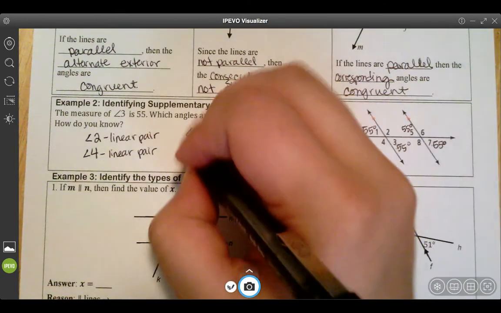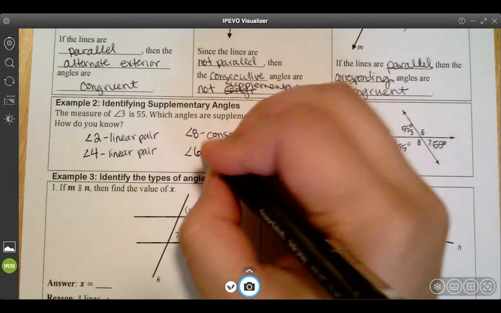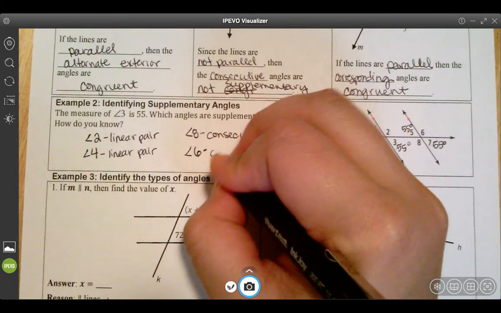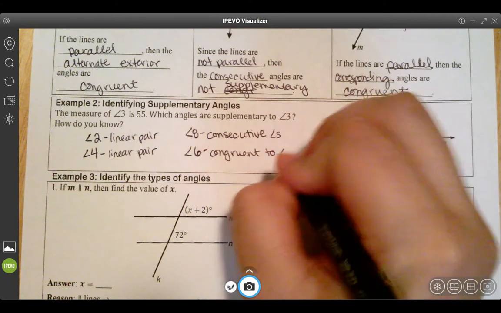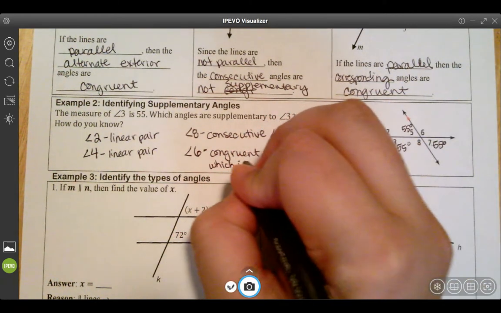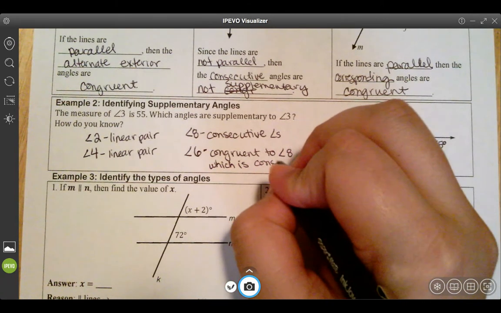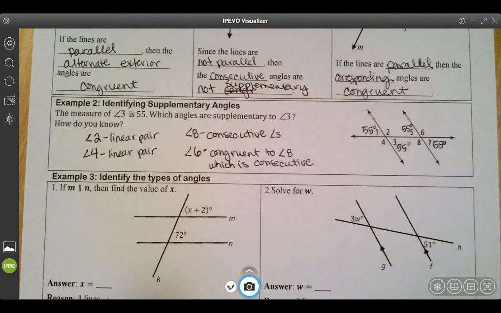And therefore, angle 6 is also supplementary to angle 3 by congruency, congruent to angle 8, which is consecutive. So that one took 2 steps in order to say that it was supplementary.